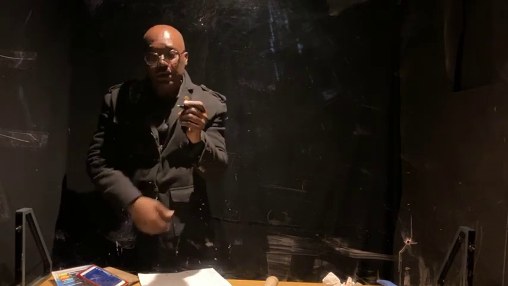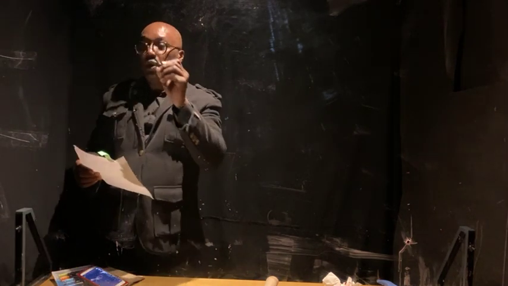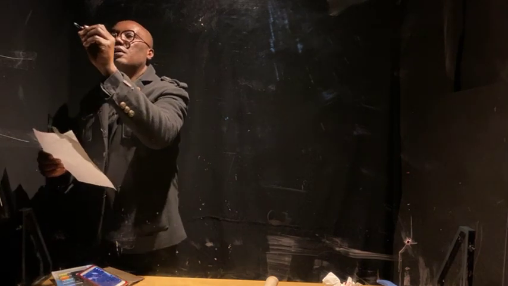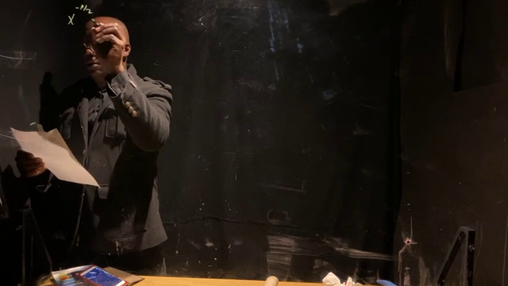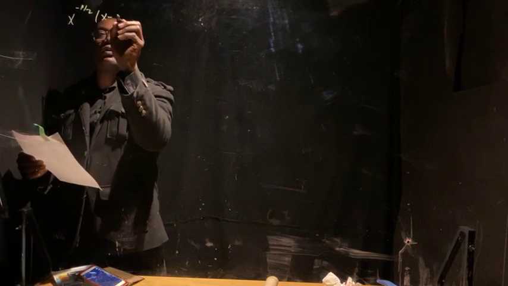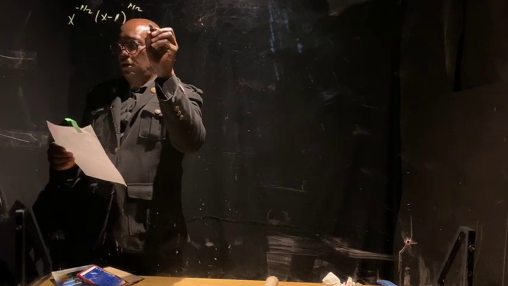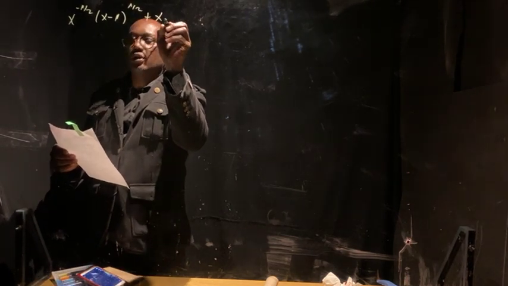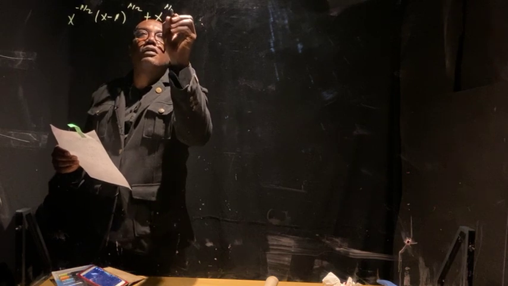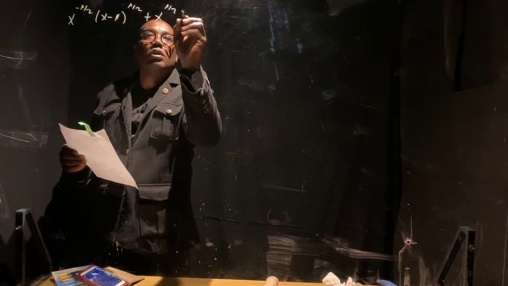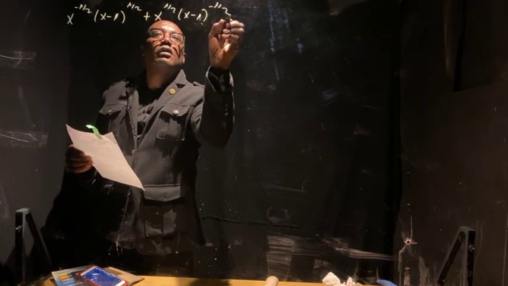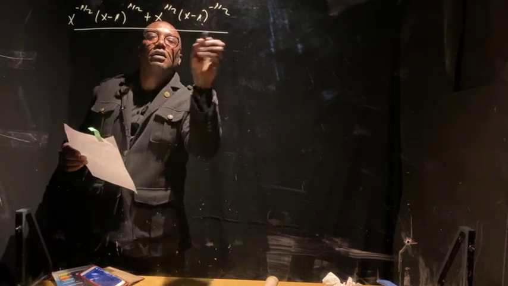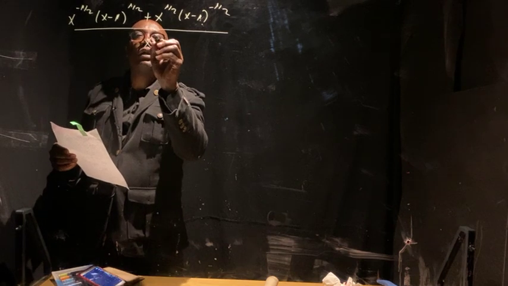Remember, the question was given us x raised to the power negative half multiplied to x minus 1 raised to the power half, plus x raised to the power half multiplied to x minus 1 raised to the power negative half, all over x raised to the power half.